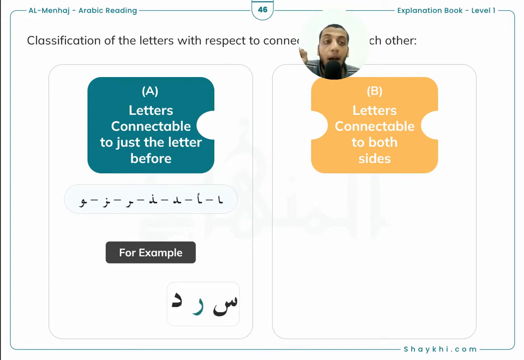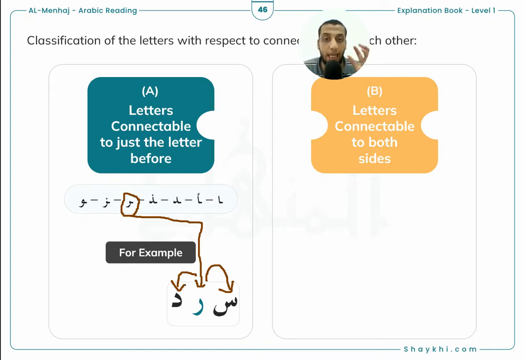We will take an example of the letter Ra. Now the letter Ra in the middle of the word has 2 neighbors because it's in the middle, the one before and the one after.